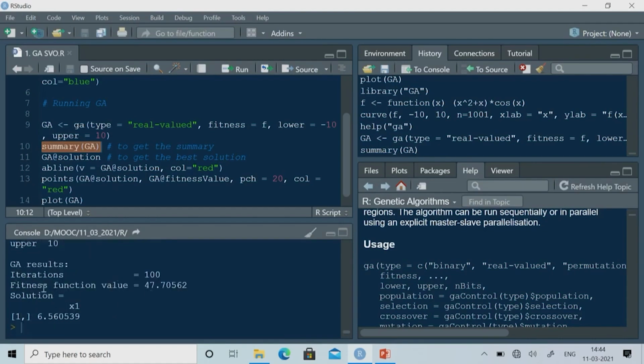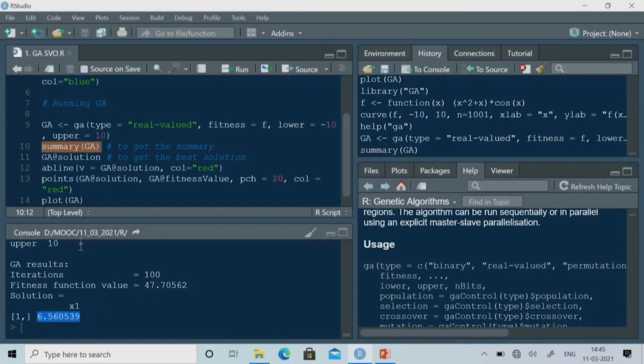And finally, after 100 iterations, I am getting the fitness function value of 47.70562, and the optimal value, that is the global maxima, is 6.560539. That is the best solution obtained by the genetic algorithm.